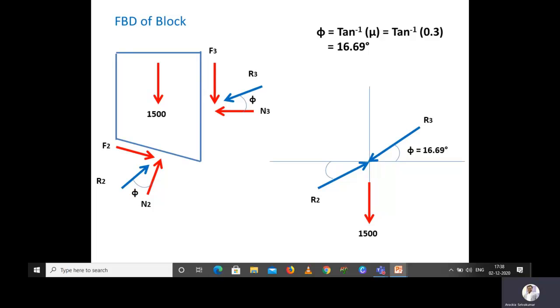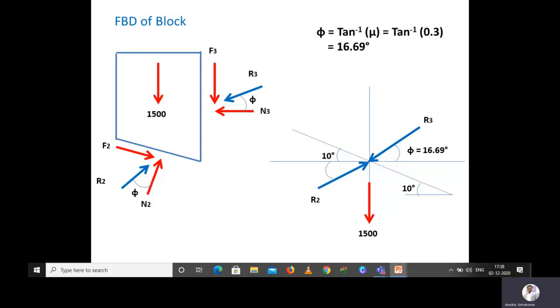But here the normal reaction and the horizontal are not the same, that is N2 and the horizontal axis are not the same. So we have to calculate with respect to the slope. The wedge has an angle of 10 degrees. So if this is 10 degrees, obviously this one also will be 10 degrees.